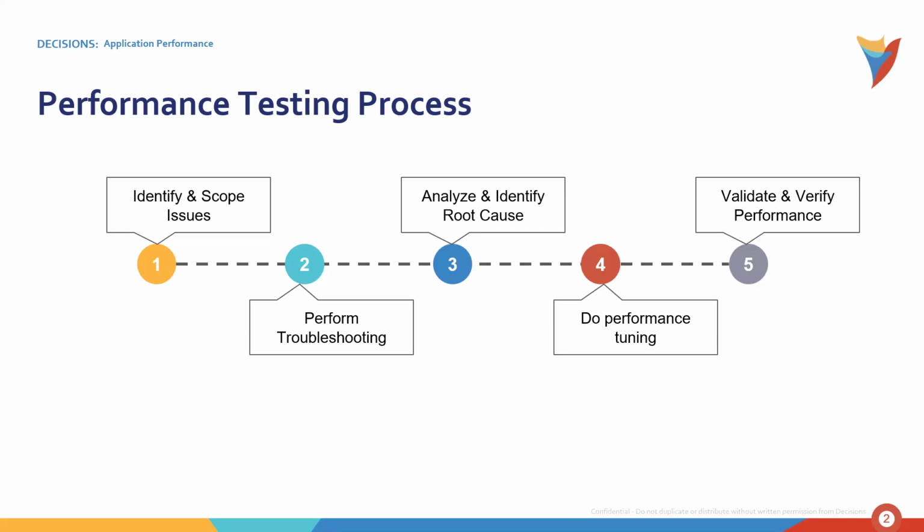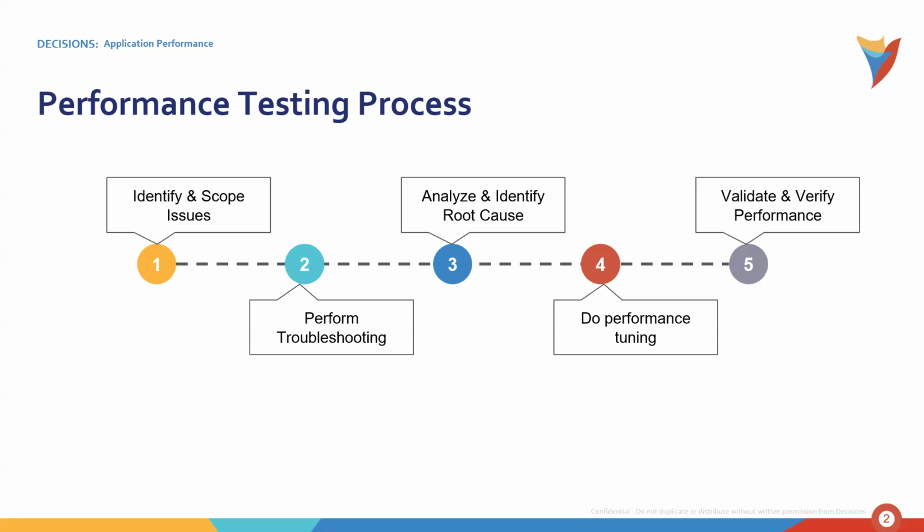So in each phase of performance testing, you will be performing 5 different activities as a performance tester. One is identifying the issue and scoping it. Next, doing the performance troubleshooting and then analyzing the results to get the root cause of the issue.